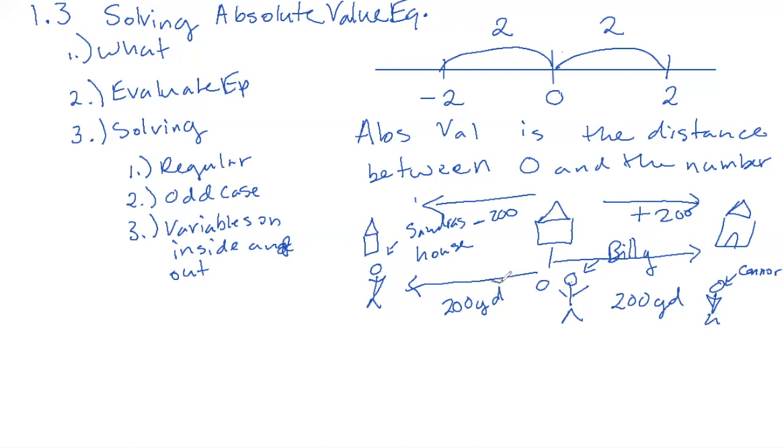But notice the amount of space is still the same. So the absolute value says, okay, well, how far is it from Billy to Sandra's house? Well, it's 200 yards, even if he's going in a backwards direction. And that's what absolute value tells us. It tells us the exact amount between 2 points, the exact amount. It doesn't care about direction. Here, the negative and the positive, that has to do with your direction. Where are we going, right? Am I going forward to Connor's house, or am I going backward to Sandra's house?